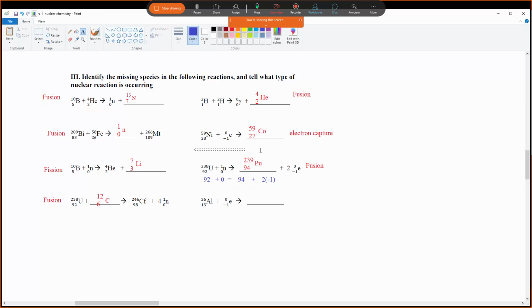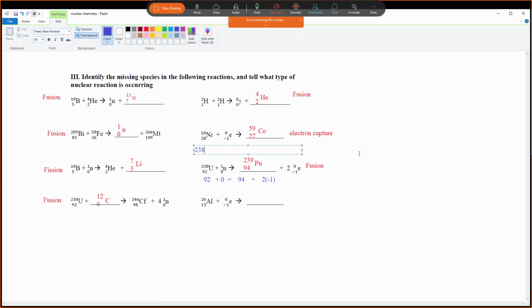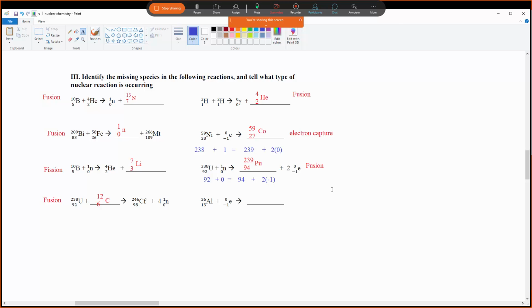And on the top here, we've got 238 plus 1 is equal to, this is going to be 239 plus 2 times 0. I think that matches. Okay. It's always good to double check. It will never hurt you to double check. You've got time, so you should use it.